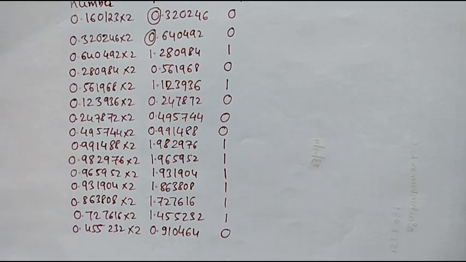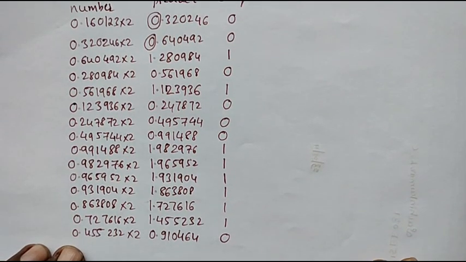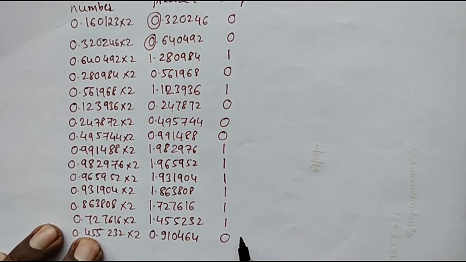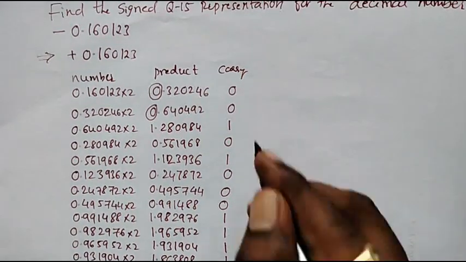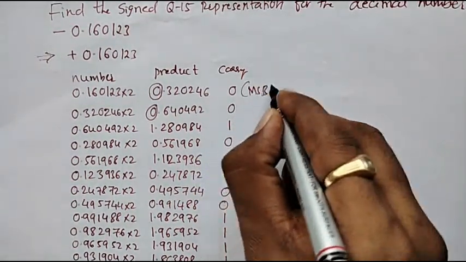After multiplying the given number by 2 fifteen times, we stop the process. Now we consider all carry bits. The last carry generated will be represented as the LSB, and the first carry which is generated will be the MSB.